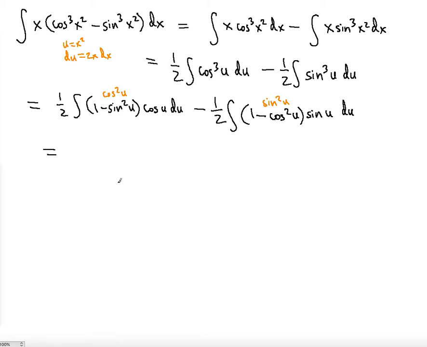We're going to have lots of integrals, of course. The first integral is going to be 1/2 cosine u du. That's the first term.